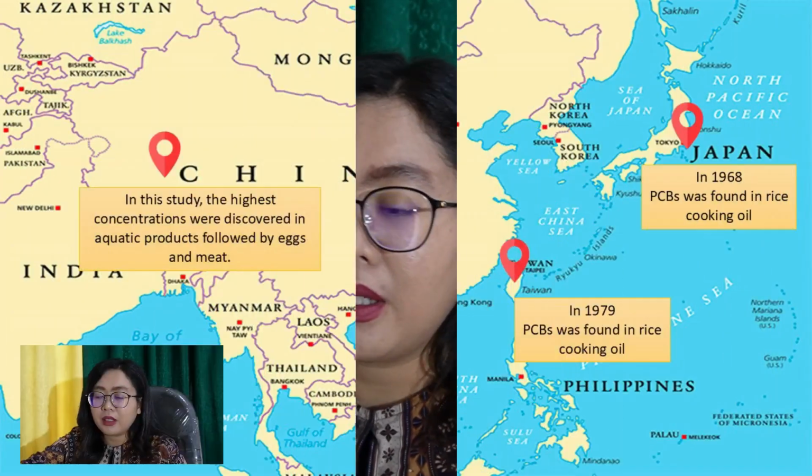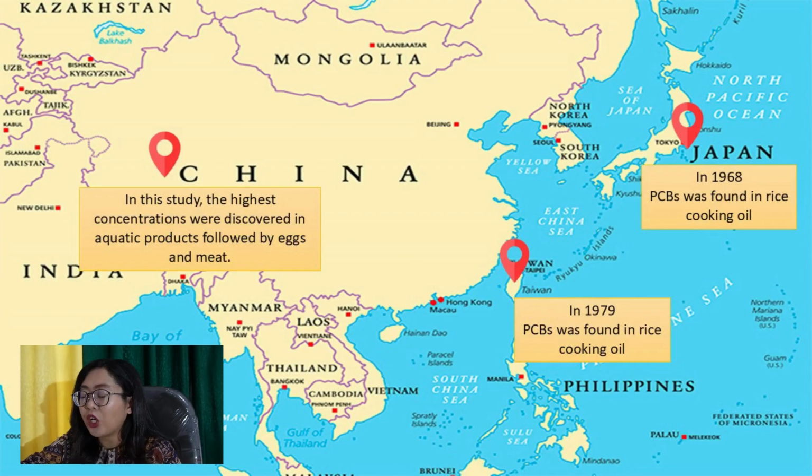In this map, we can see that there were cases in Japan, Taiwan, and also China. In 1961, PCBs were found in rice cooking oil. And then in 1979, maybe 18 years later, right, PCBs were found in rice cooking oil again.